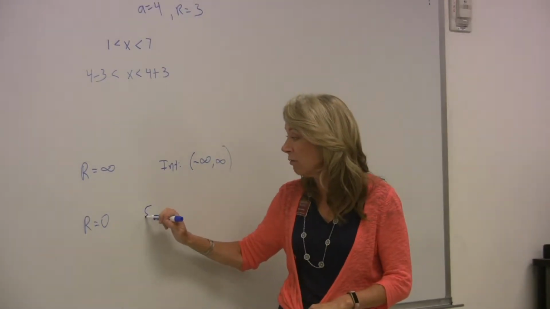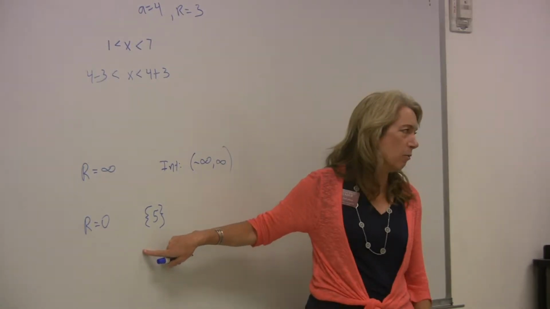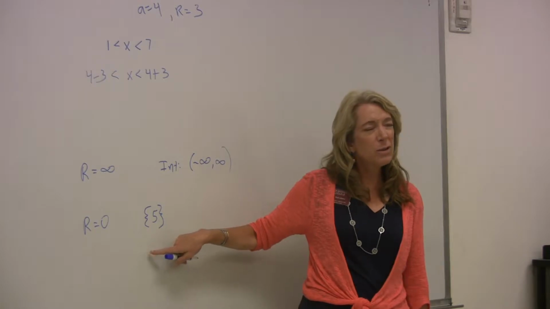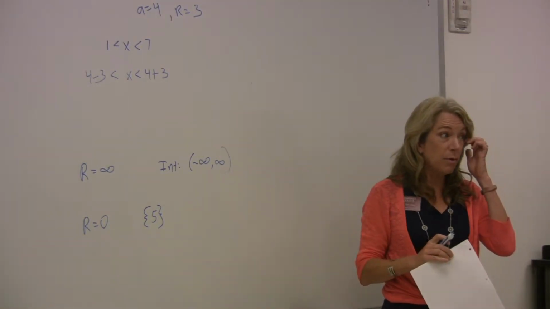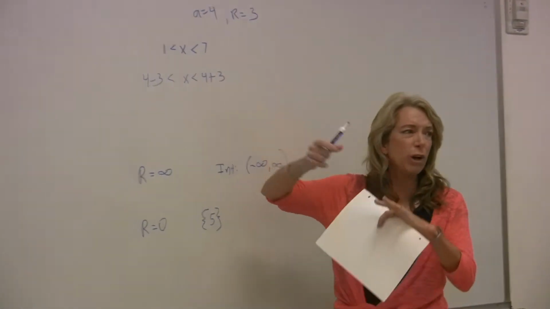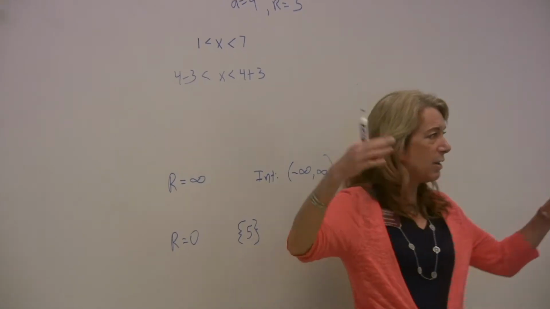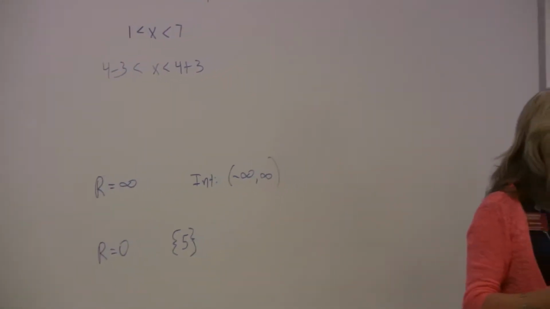In which case you would write your interval as just the set of the number 5. There's only one x that makes it converge. We use set notation, there's only one answer. We'll see one of those coming up as well. Those are some exceptions. Most of them will look like this, some range of values, but sometimes they go all the way out to infinity. Sometimes they're just stuck on just the center, it's the only way it will converge.